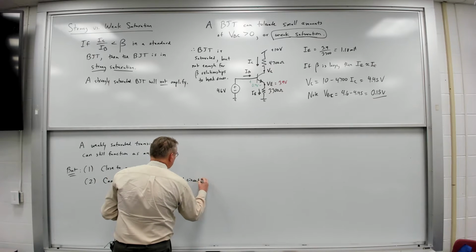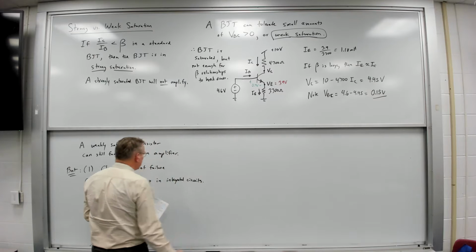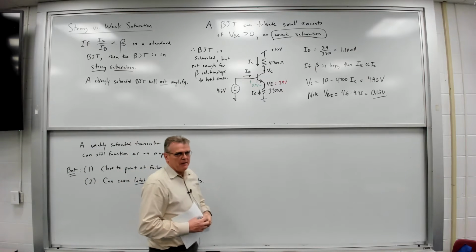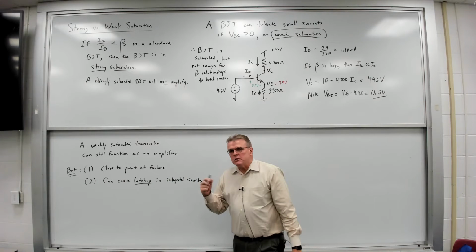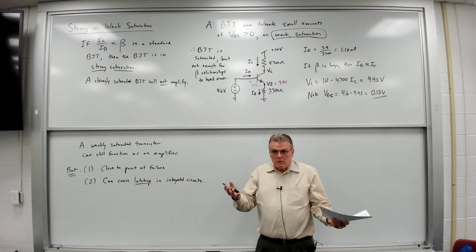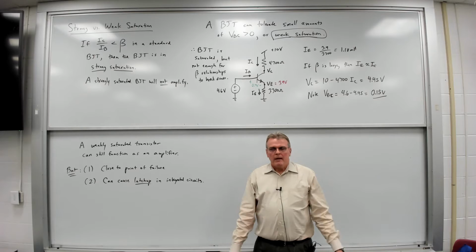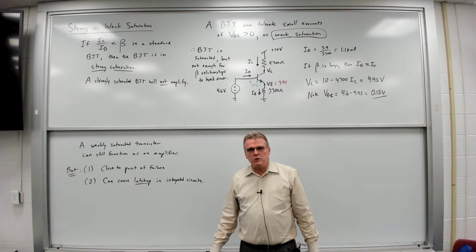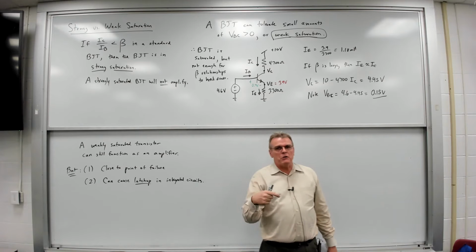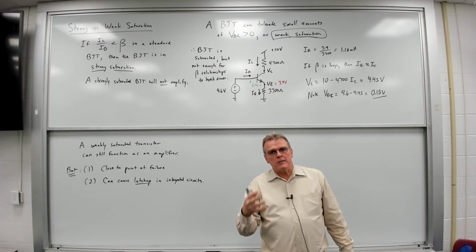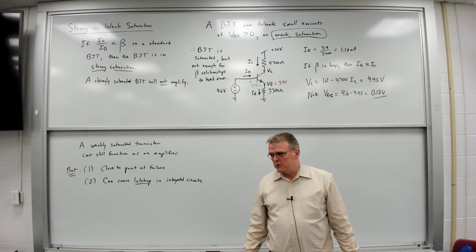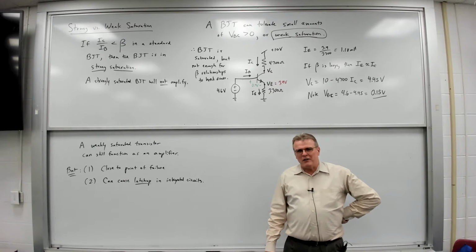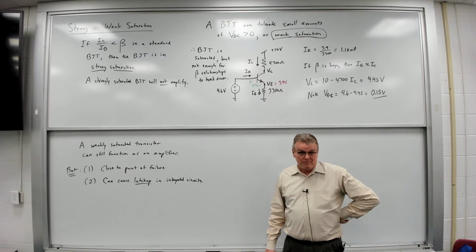Now, how latch-up works is beyond the scope of this course, but it is a destructive mechanism that can result in literally the chip being destroyed, melting, because of large currents that flow through it. So you absolutely want to avoid latch-up, but one of the things that triggers latch-up are transistors that are in saturation or that are pushed into saturation. So operating in weak saturation is really not a good idea. In fact, it's an extremely poor idea.